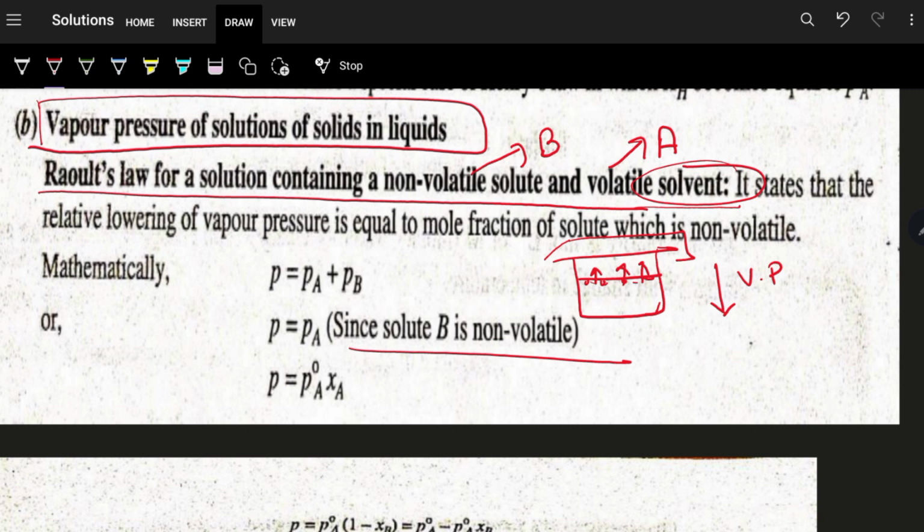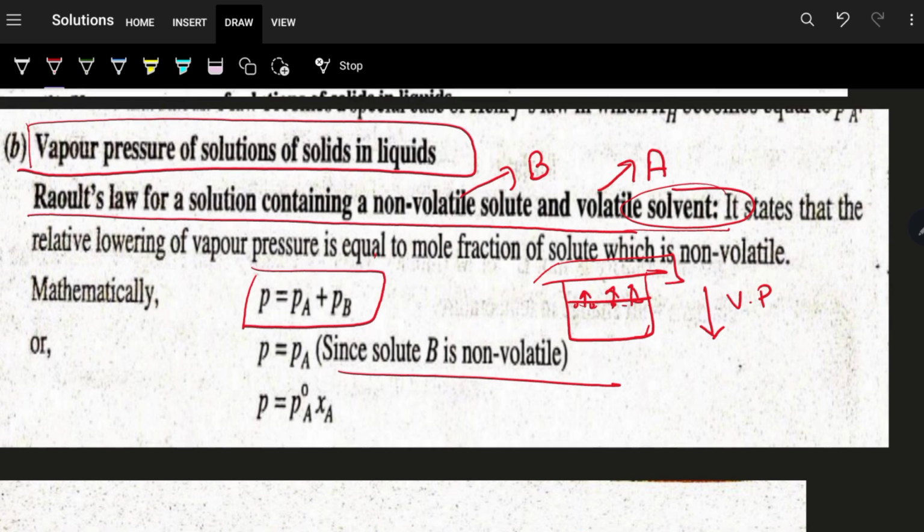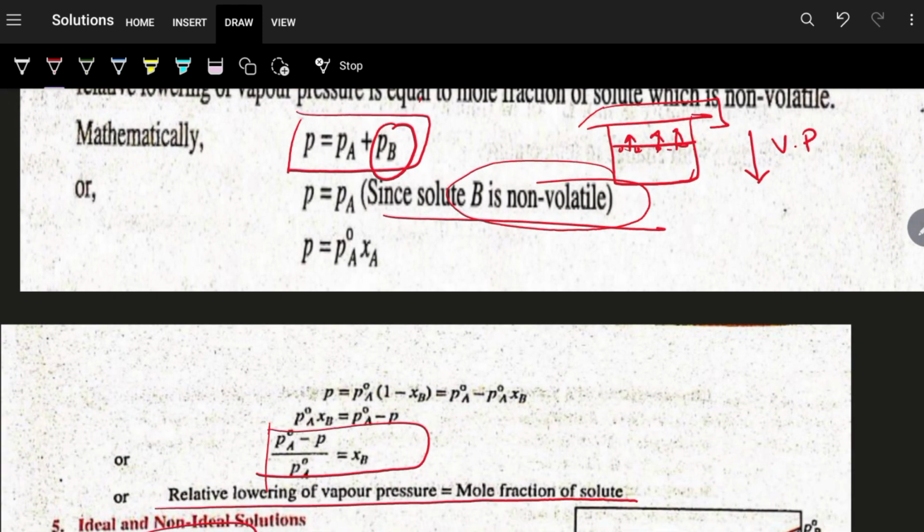Mathematically, from Dalton's law of partial pressure, P is equal to PA plus PB, and PB, the partial pressure of B, we can consider to be negligible because B is non-volatile. So the vapors obtained above the liquid will be on account of the liquid solvent itself and not the solute, which is non-volatile.